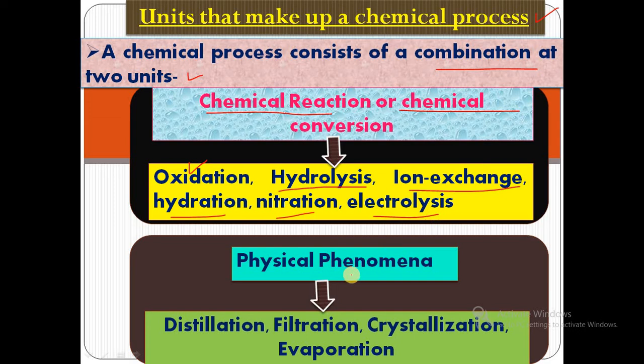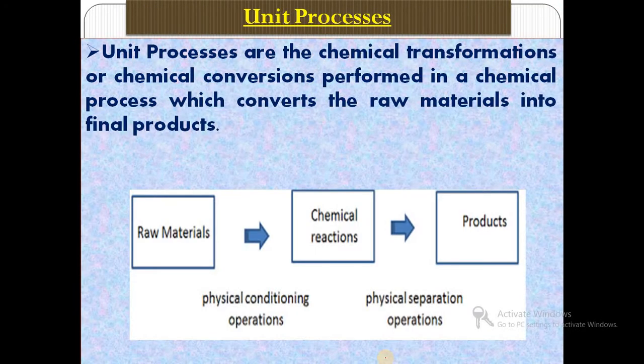Another parameter is physical phenomena. In the case of physical phenomena, simple distillation, filtration, crystallization, and evaporation techniques are carried out to get the desired product from the raw materials. So these are the units that make up a chemical process.